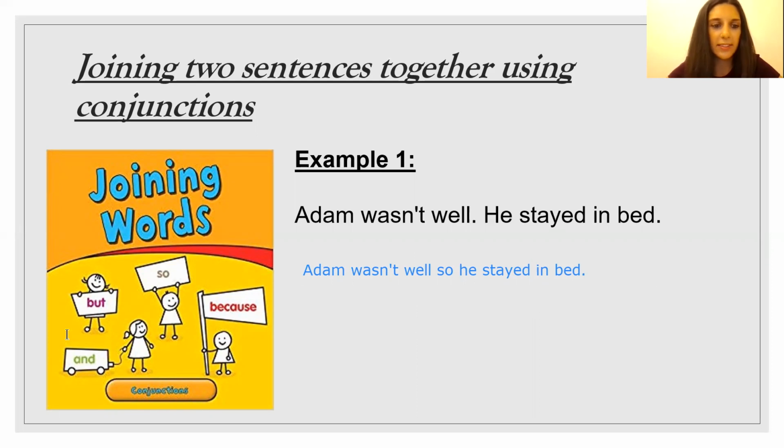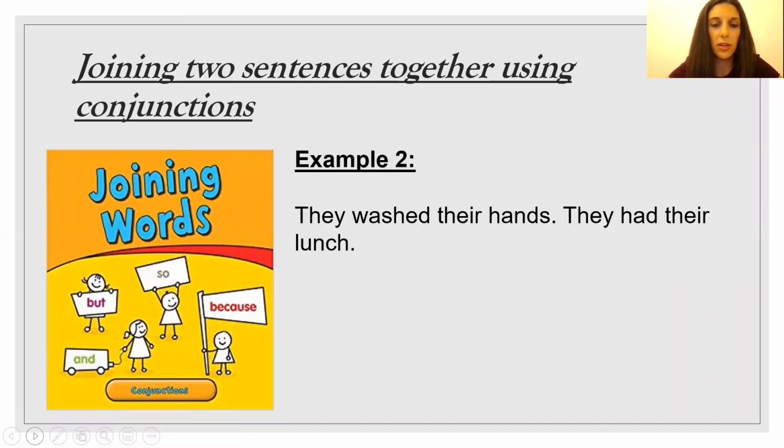Okay, on to the next example then. We are going to just see how to do another sentence using a conjunction. This time we've got they washed their hands, they had their lunch. Okay, so again, begin by writing out that first clause. They washed their hands and they had their lunch.